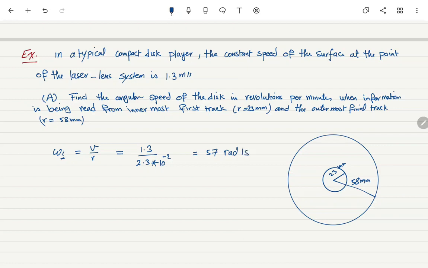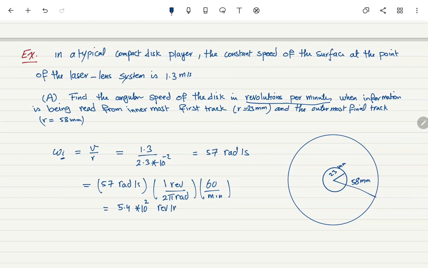Since the question asks to find the angular speed in revolutions per minute, we have to convert 57 rad per second into revolution per minute by multiplying by 1 revolution per 2 pi rad, since 1 revolution equals 2 pi rad, and seconds we have to convert into minutes, so 60 divided by 1 minutes, and you do the math here, so it's equal to 5.4 times 10 to the power 2 revolution per minute.